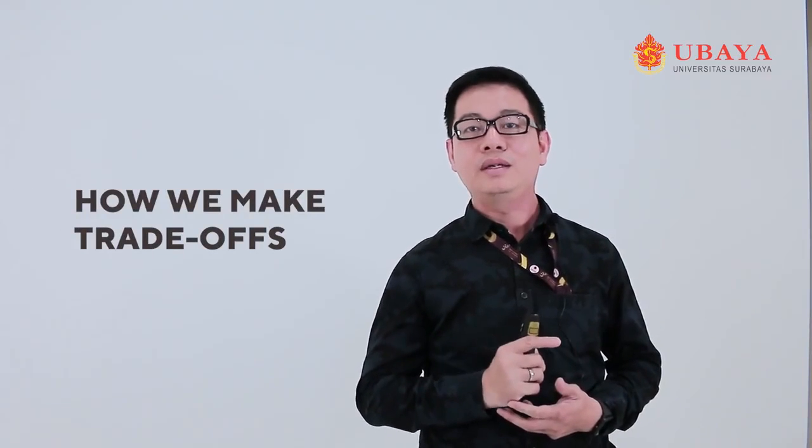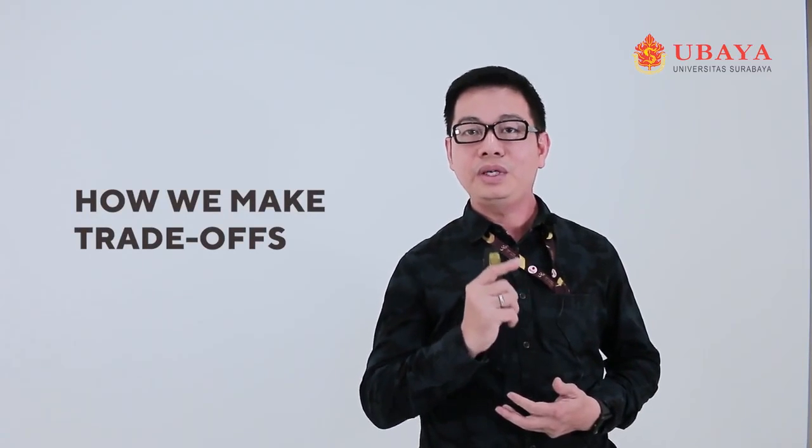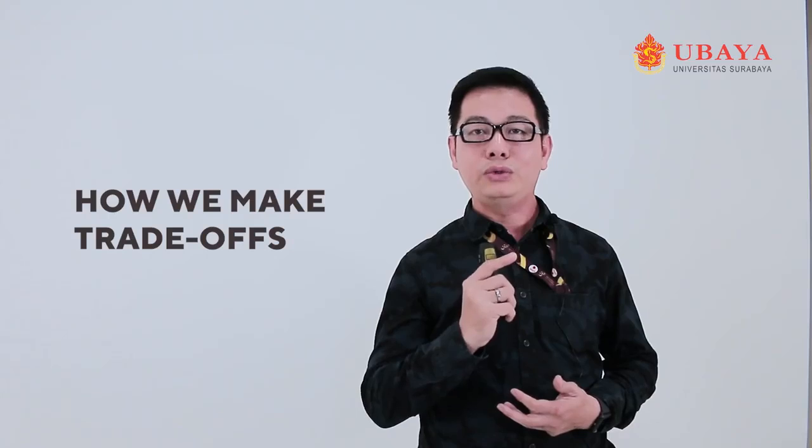The next slide is talking about the same things, but the most important thing is how we make a trade-off. Remember, trade-off is very important because we need to do refinement of specifications.